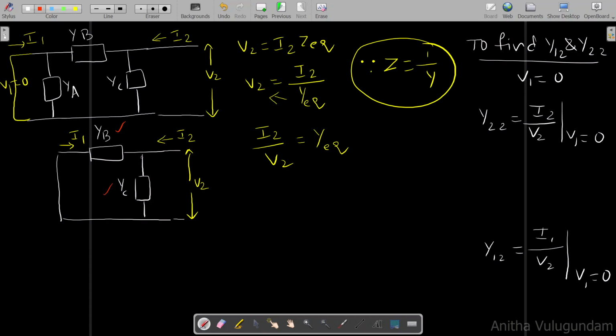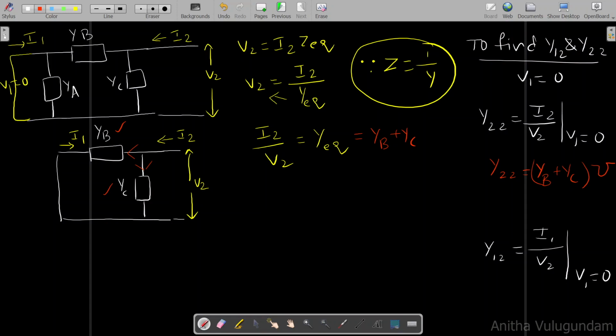If current flows here, it gets divided in these two branches. So Y equivalent can be written as YB plus YC. Therefore, Y22 equal to I2 by V2, which is equal to YB plus YC mho. Units of admittance is mho.